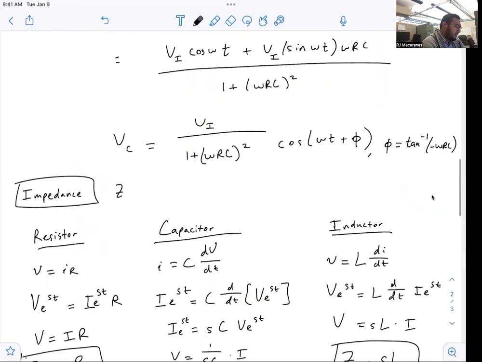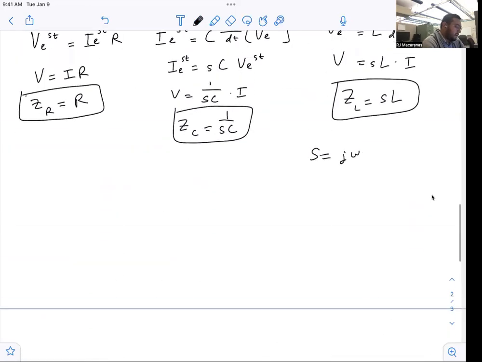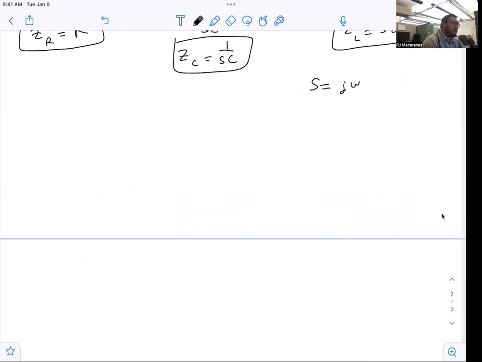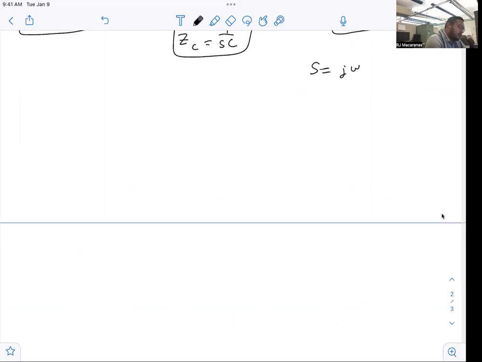So that's for impedance. The last thing that we should talk about is power, and we're just going to be briefly introducing power. Not sure how much we're going to do with it this week, but I just wanted to talk about it. Given some periodic waveform, this can be anything, current or voltage.